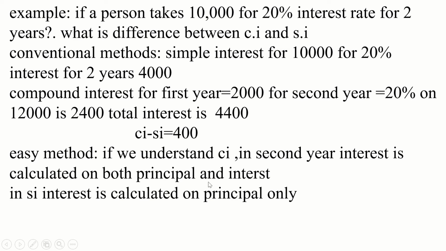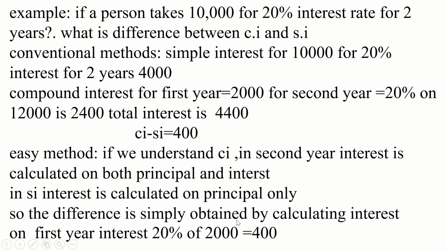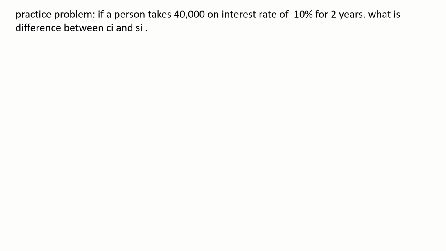Means second time the interest is calculated on the first year's interest. That is the simple thing. First year's interest is 2000. If we calculate the interest on that 2000, we get 400 rupees. This is a very easy method instead of traditionally solving. So we will go with another problem.